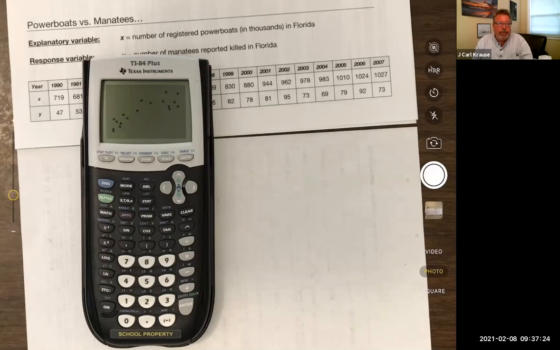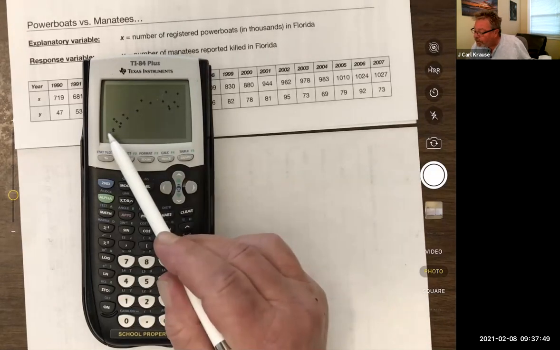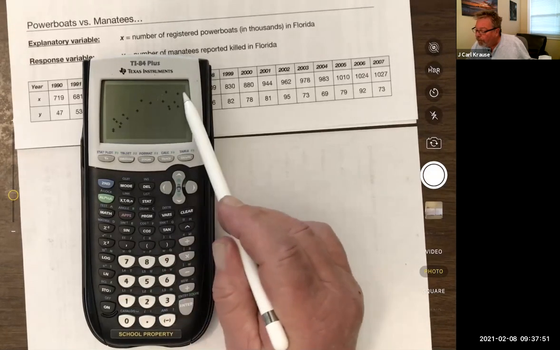If you get an error message, then obviously something is not right. Either the plot is not properly set up, or there's a problem with your data. And typically the problem with the data would be that the lists are different lengths. But if the lists are good and the plot is set up correctly, then you should get a nice scatter plot like that.